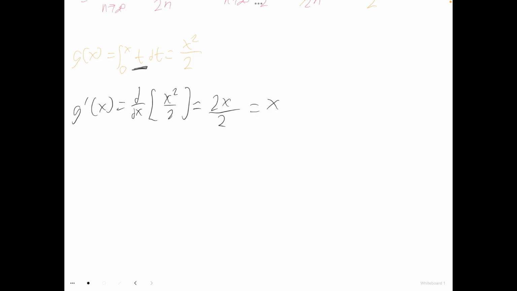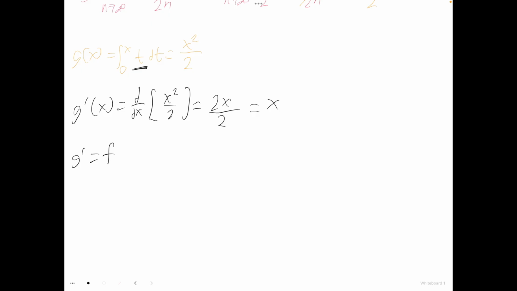It's the same function, just with a different variable. And so in other words, g prime is equal to f. So in this case, we found that g is an antiderivative of f. Well, that's kind of interesting. So the area from 0 up to x proved to be an antiderivative of f in this case.